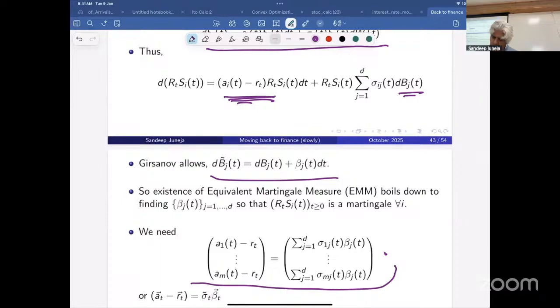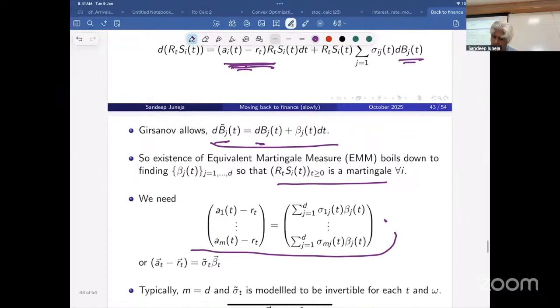Right? So existence of an equivalent martingale measure boils down to finding beta j t, j equal to 1 to d, so that this process is a martingale. These beta j's will show up here as a negative term, and then they have to exactly cancel this.